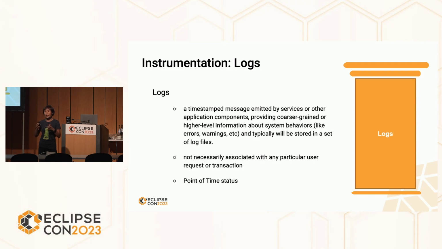Most importantly, if something goes wrong, you get an error condition, you create exceptions and log them. Also, if you enter a very important method, you have an entry and exit trace. In some particular situation, you say, okay, I am here, this situation happened.